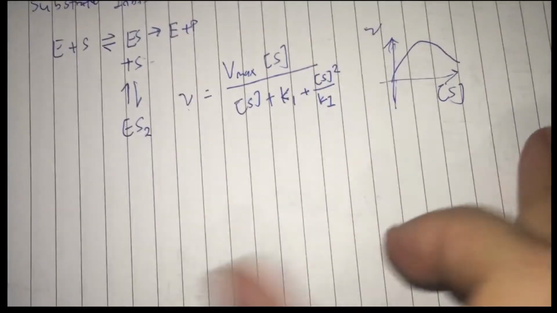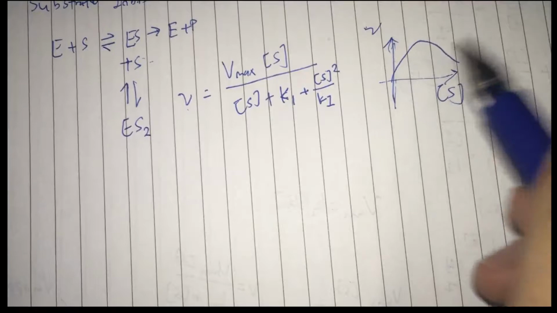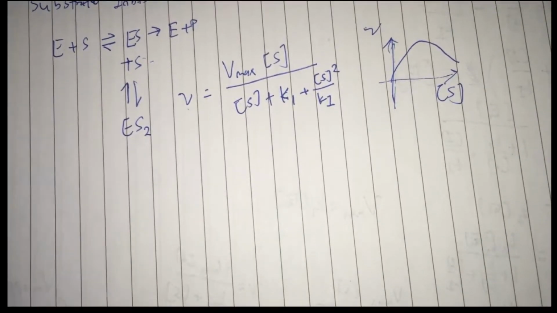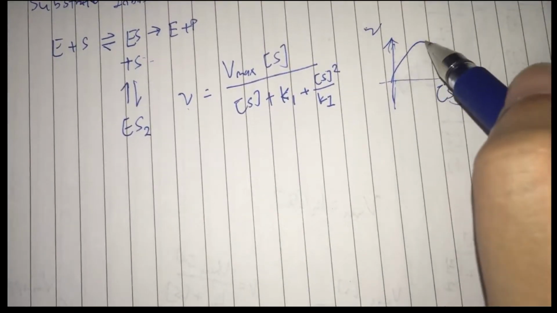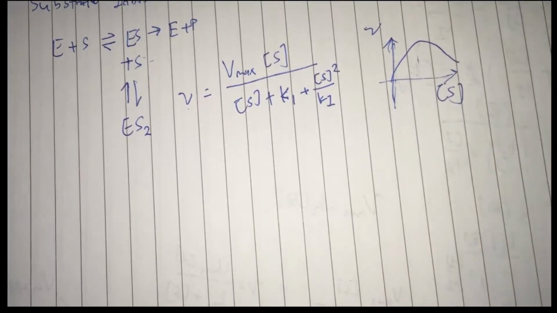But the reason is because you have this substrate inhibition. So up to a certain point, you have the so-called maximum reaction rate. And then after a while, it tapers off. And you know how to get this maximum rate. You have to do some differentiation.